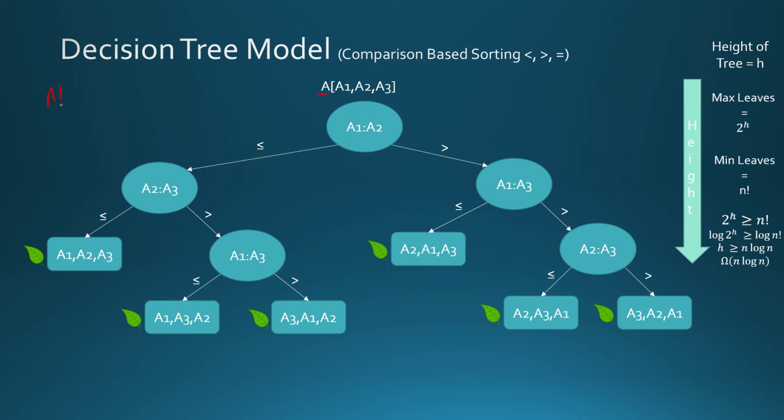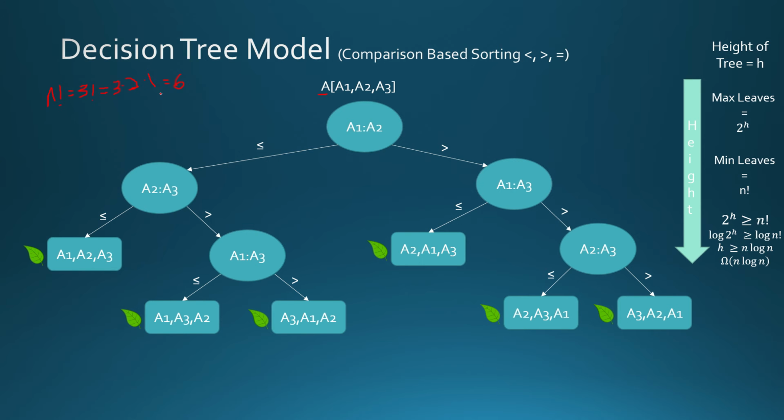N factorial means that at most, the amount of possible different arrays, the amount of possible different sortings that can occur to this one single array, is based on n factorial, which is 3 factorial, right? Which then means that it's 3 times 2 times 1, which gives us 6.